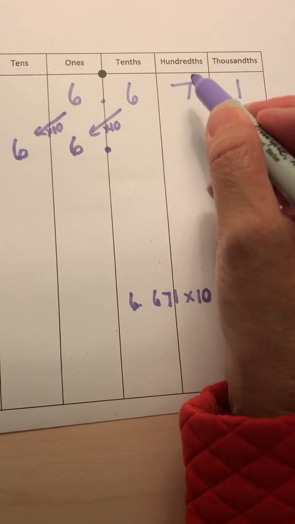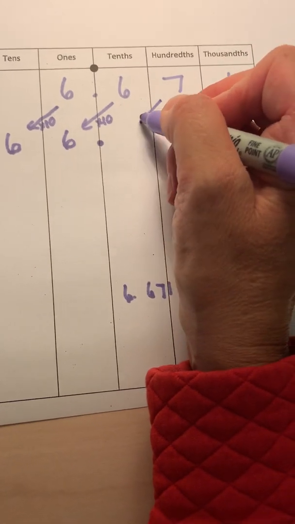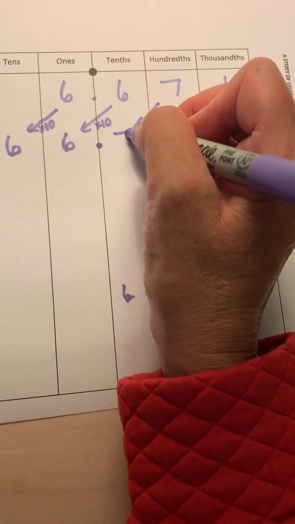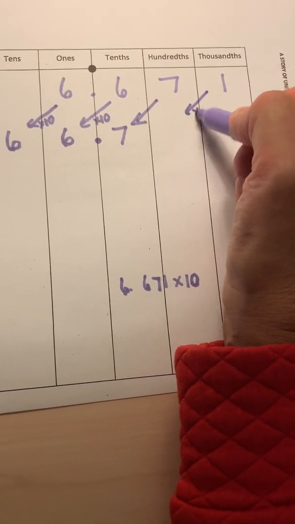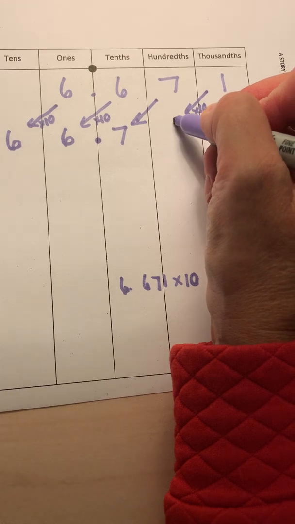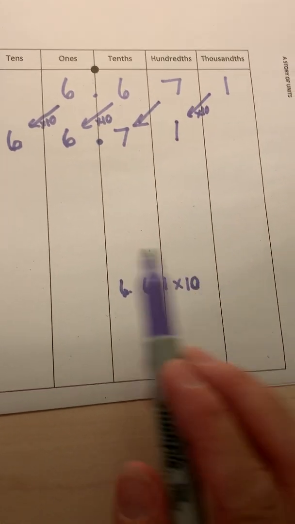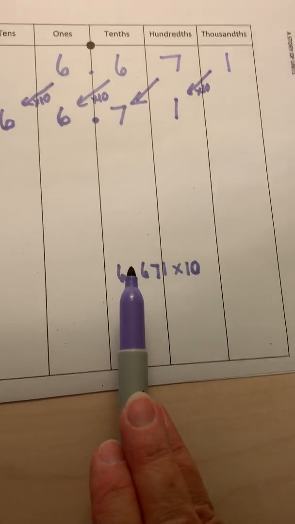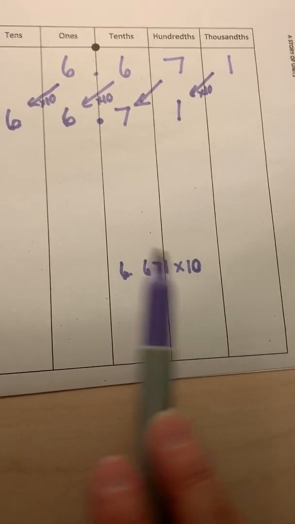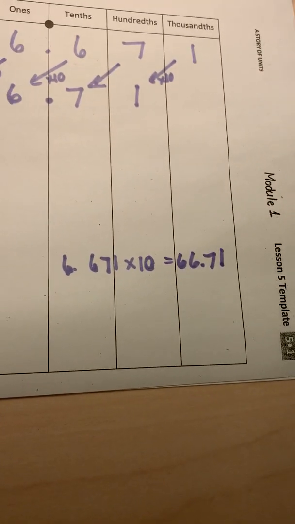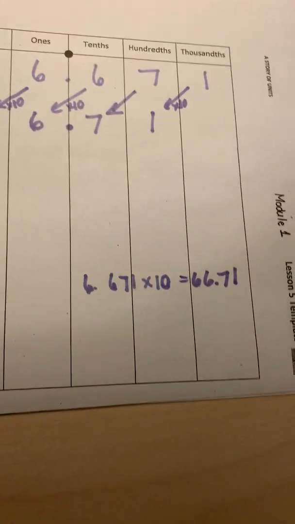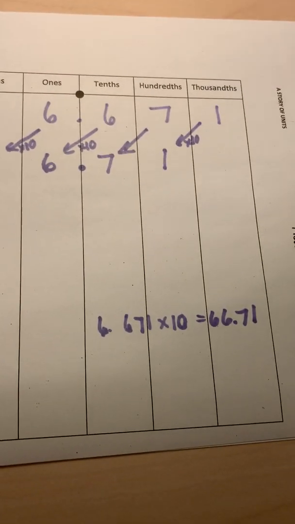When we multiply 7 hundredths by 10, the 7 hundredths become 7 tenths. And when we multiply 1 thousandth by 10, that becomes 1 hundredth. And so we can look at our place value chart and we can solve: 6.671 times 10 is now 66.71, or 66 and 71 hundredths.